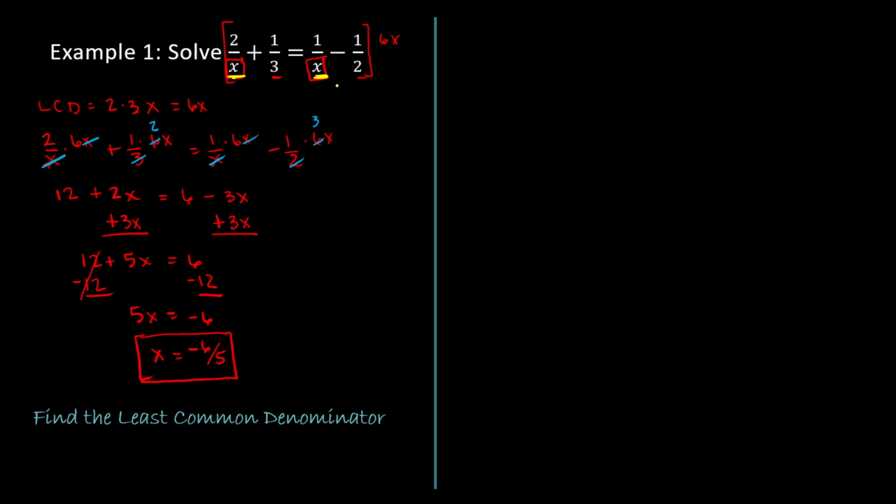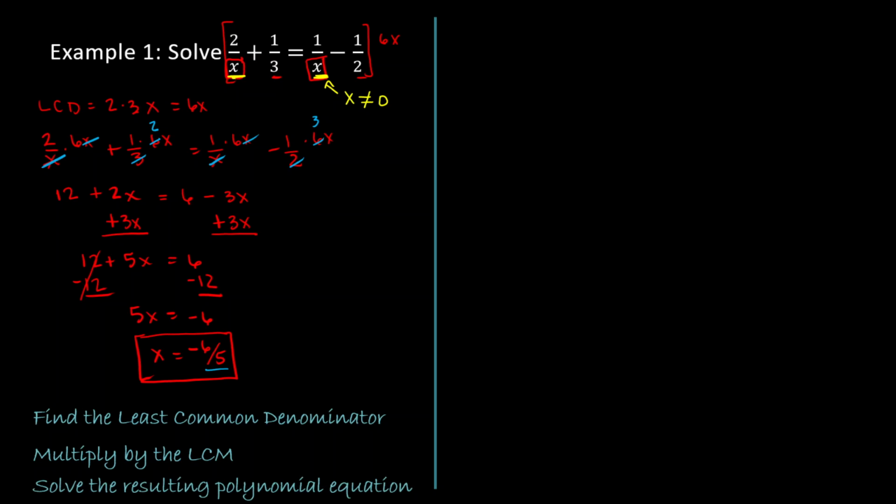So in this original equation, I notice that x cannot be 0. Okay, that's the domain of that original equation. And so since this solution I got here at the bottom is not equal to 0, I'm good, I'm done, and that's my solution. So to recap, the steps we take are to find the least common denominator, multiply by that least common denominator, and then solve the equation that results.